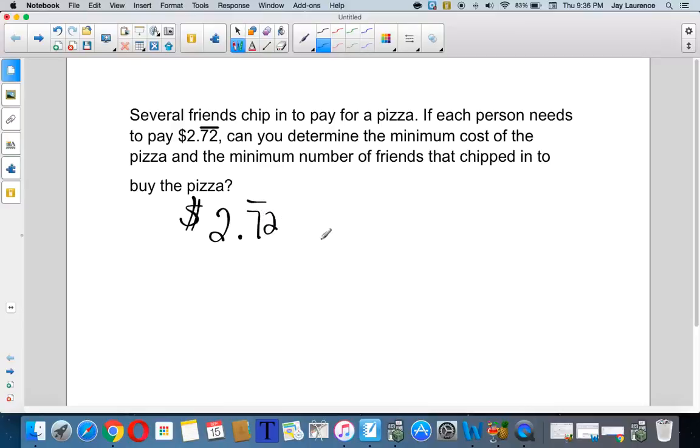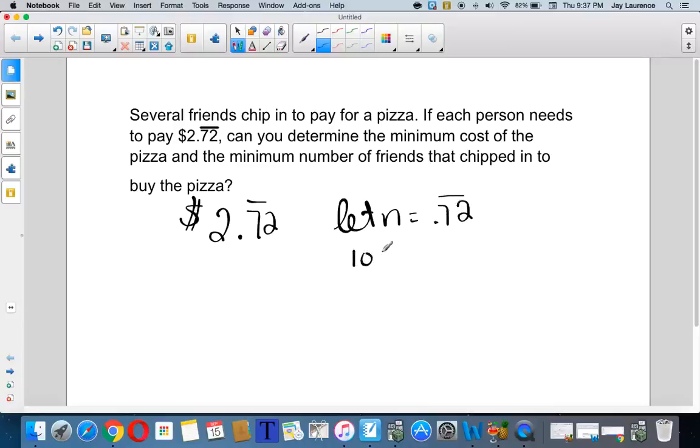Okay, so here's what I'm going to do. I'm going to let n equal 0.72 repeating. Like I said, you could put the 2 there. It just makes the problem a little more work, and I like less work. Now I'm going to multiply n by 100, because I have 72 hundredths.